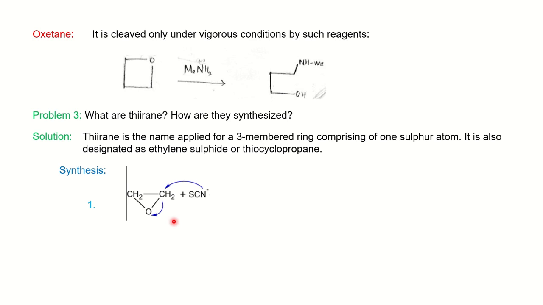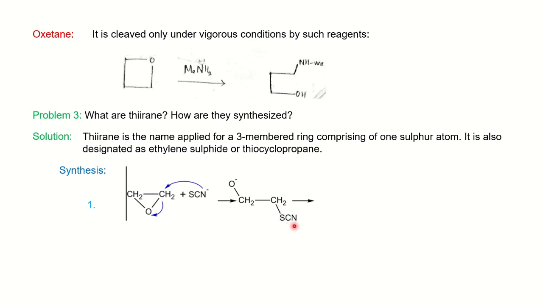You can find one more question: give any two syntheses of thiirane from epoxide. Oxiranes are also called epoxides. Here we see one structure, oxirane or epoxide, and you have SCN with a negative charge acting as a nucleophile. Being symmetrical, it will attack either CH2 and open the ring, and oxygen will accommodate the negative charge.